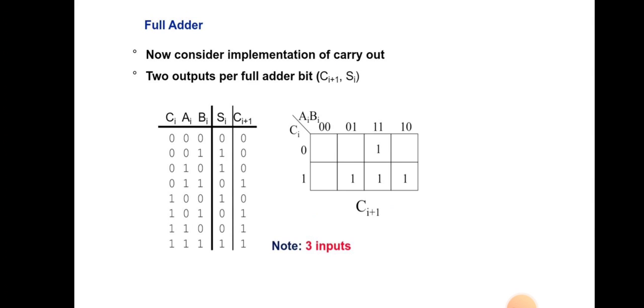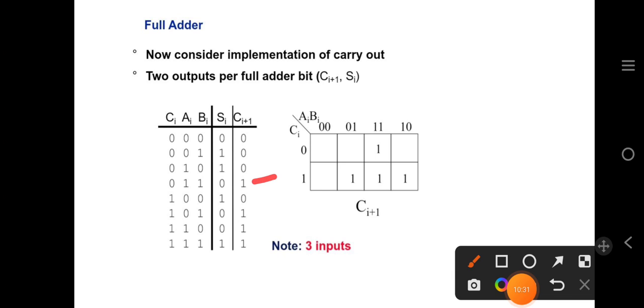Now the next step is the K-map for carry. So we have drawn the K-map for carry. How can we write it? We simply refer to this column. As you know, the ones are in these 4 places. So at these places you can write the 1 in the K-map. This one will be at 0 1 1.